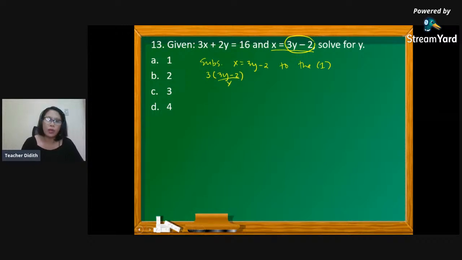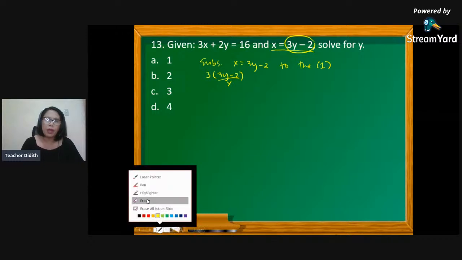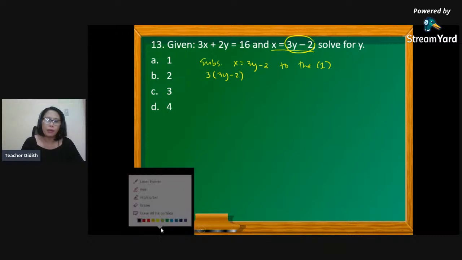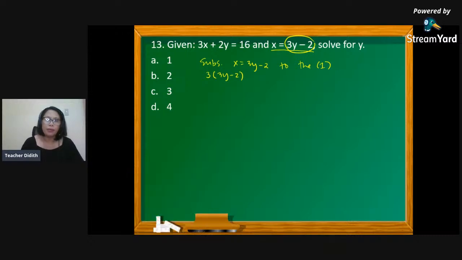I'll just delete this one, you might misinterpret that as a fraction value. So we have plus 2y. As we do the substitution, you see that we are left with one variable only, so we can easily solve for that one variable, and that is solving for y.